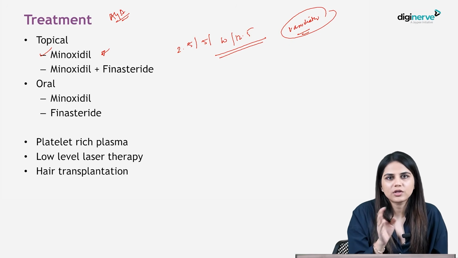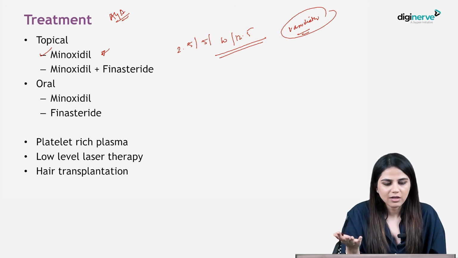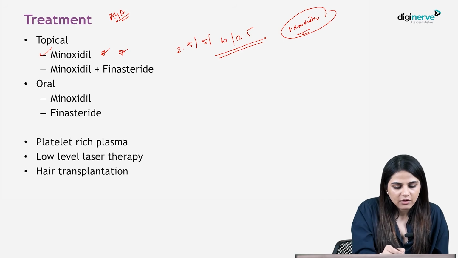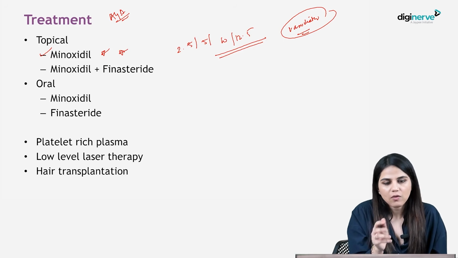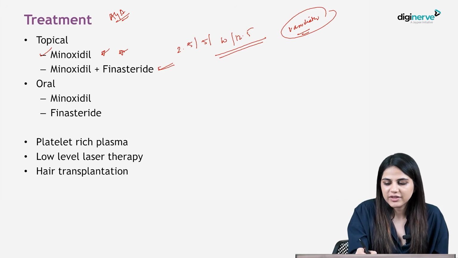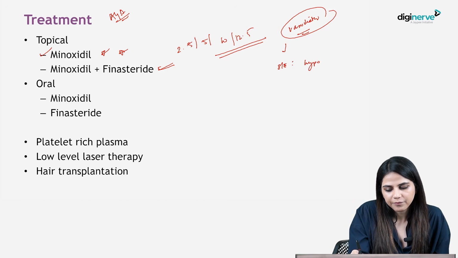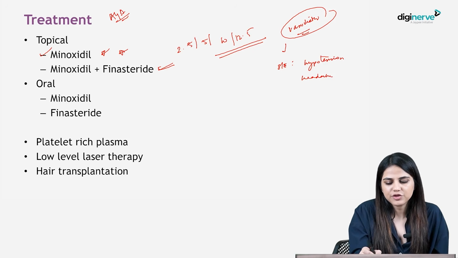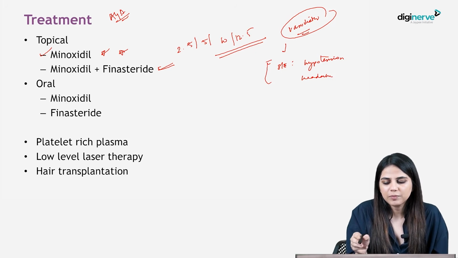One drug was used for a cause, but a second effect was seen. Finasteride and minoxidil are also used as topical therapy. So if it is a vasodilator, the side effect is hypotension and headache. So always take a history of blood pressure in patients to whom you will prescribe.